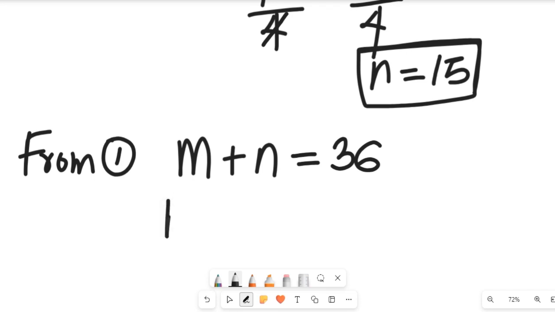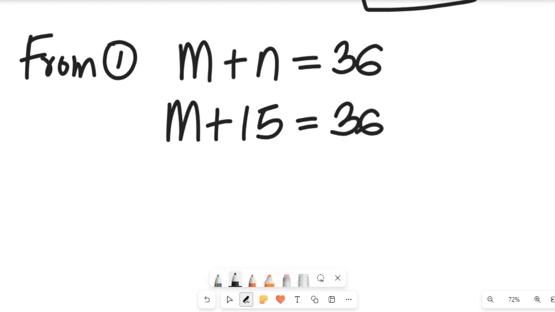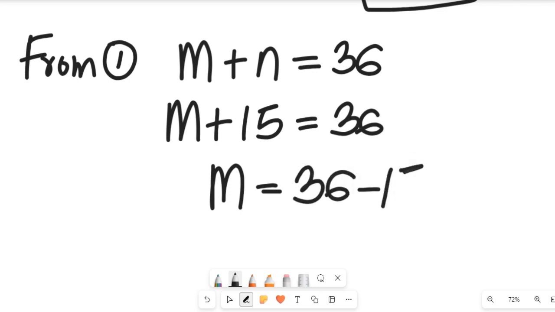If we subtract 15 from both sides, m will be equal to 36 minus 15, which is 21.